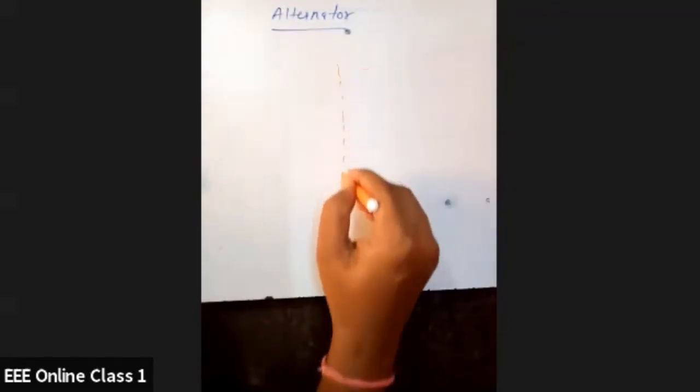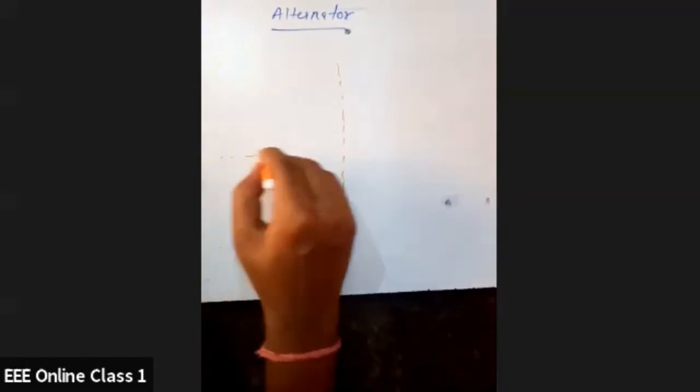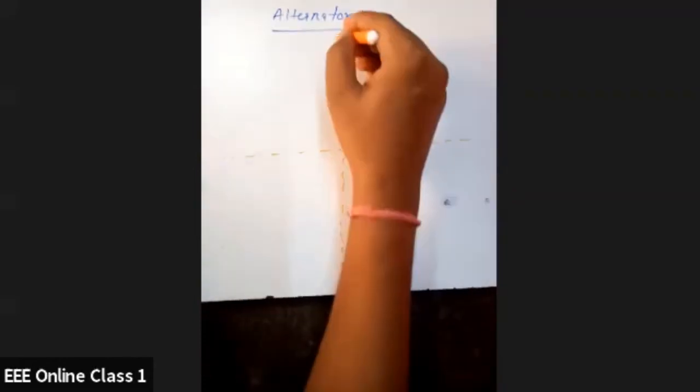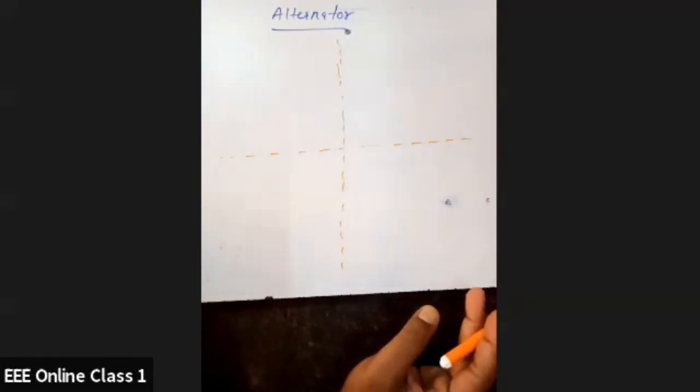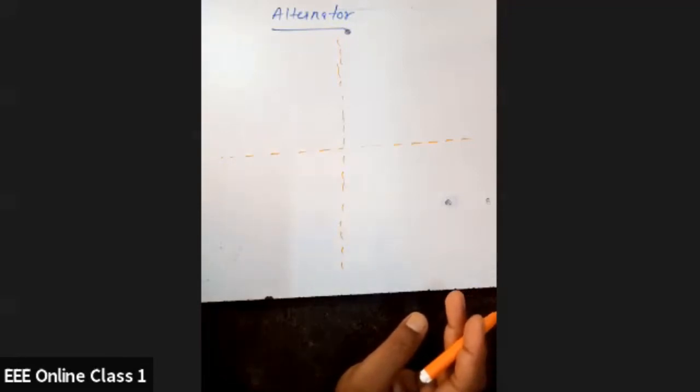So let us take some reference. Now, stamping OD, outer diameter.